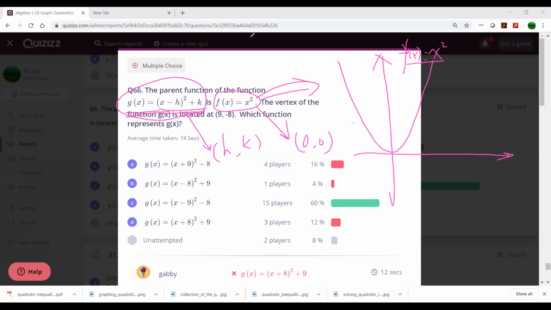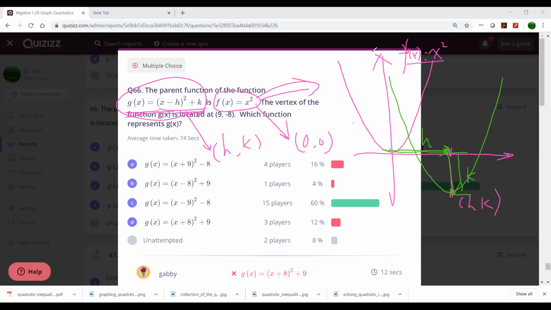For g(x), h is right here, k is right here, right? So when you graph this one, it looks like you move the curve h units, move k units, move h units. This is k units, right?